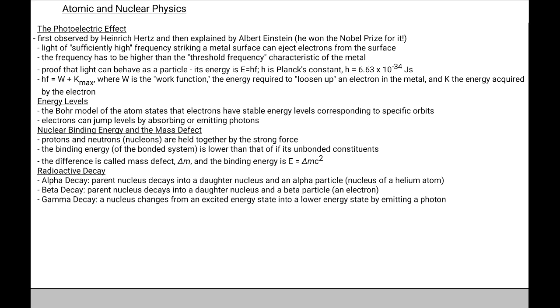Then there is the gamma decay, where a nucleus changes from an excited state into a lower energy state by emitting a photon. So this goes back to what we talked about earlier with the energy levels.